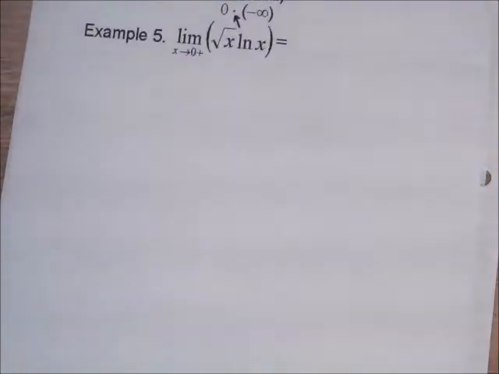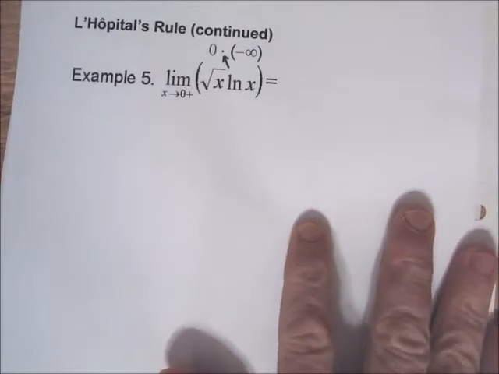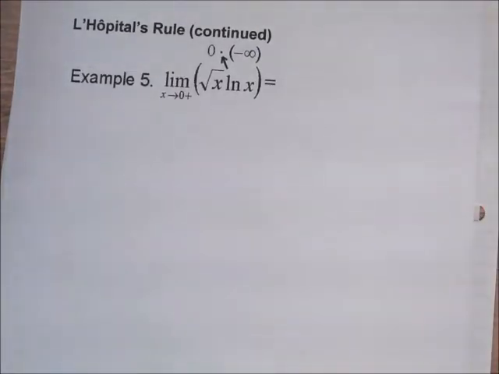Okay, limit as x goes to 0 from the plus of square root of x times ln of x. This is in the form 0 times minus infinity, so we can't apply L'Hopital directly. Again, we want to manipulate this to get the form either infinity over infinity or 0 over 0.